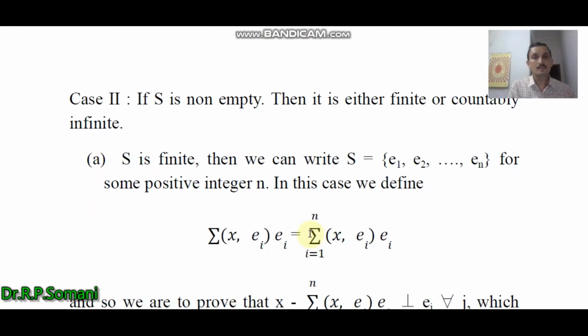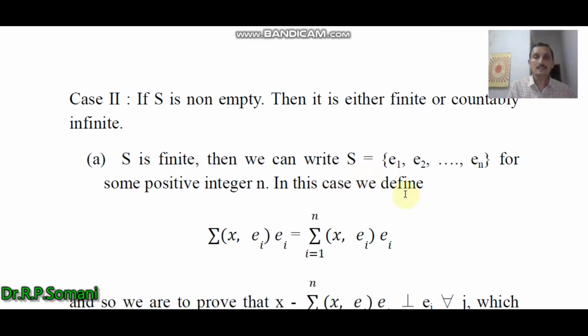Now, if S is non-empty, then there are two possibilities: either S is finite or it is countably infinite. For the first choice, S is finite, then we can write S equal to {e_1, e_2, and so on, e_n} for some positive integer n.